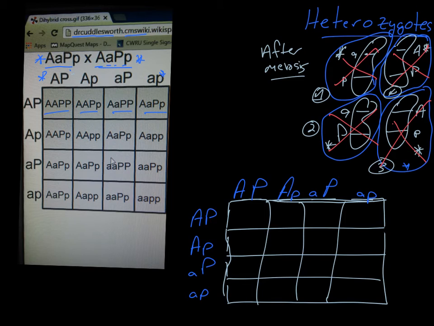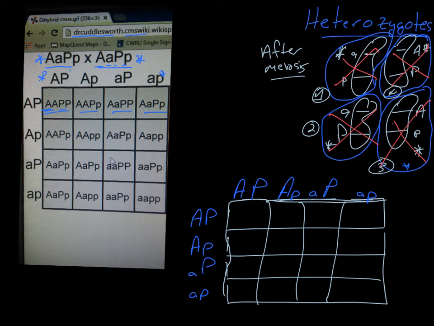Remember, in most eukaryotic organisms, every one of your cells has 2 copies of each chromosome. 2 copies of each gene. So when we're done, each gene has to have 2 copies, one from mom and one from dad, right?